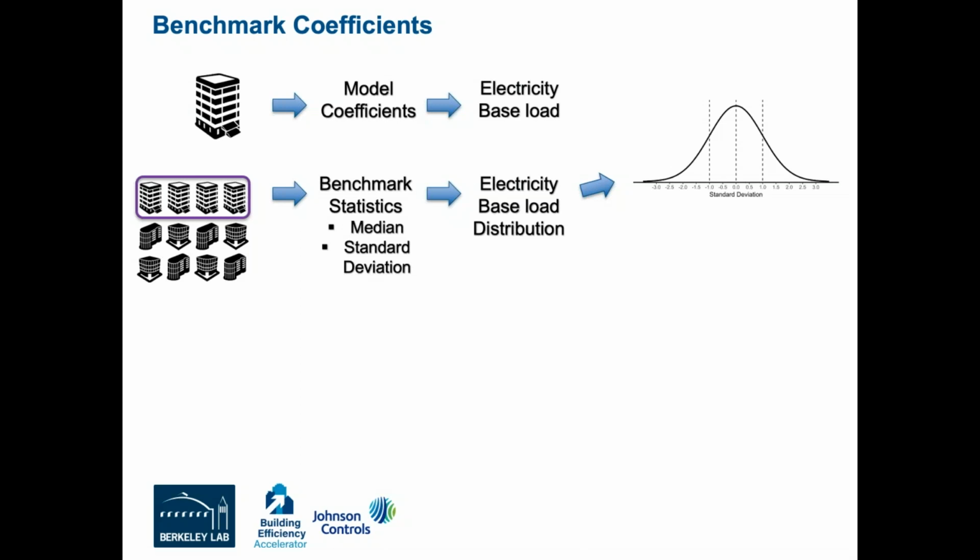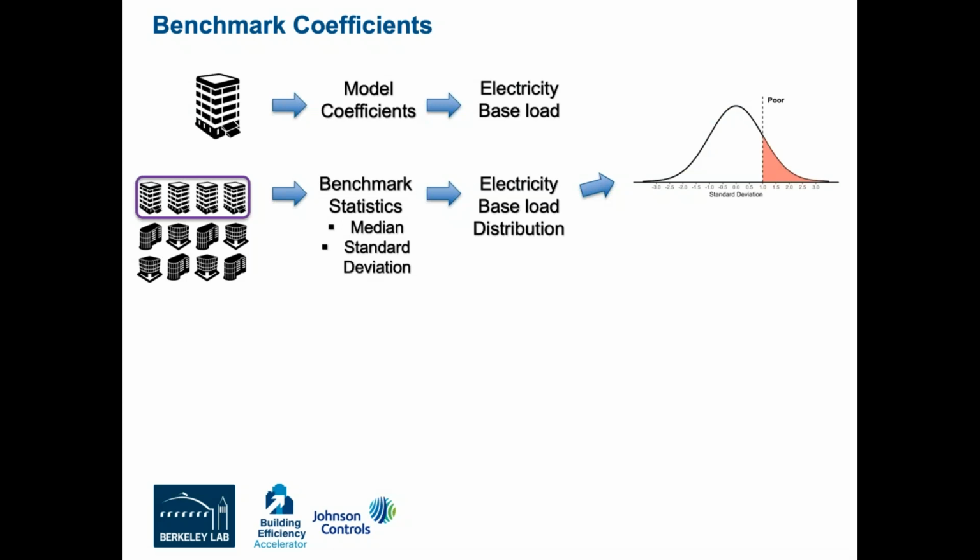And so we take this one individual building that we're looking at and we compare it to the benchmark statistics, the median and standard deviation for the entire database. And if we see that the performance of the electric baseload for that one individual building is better than 1 standard deviation from the median, we would consider that to be good performance.